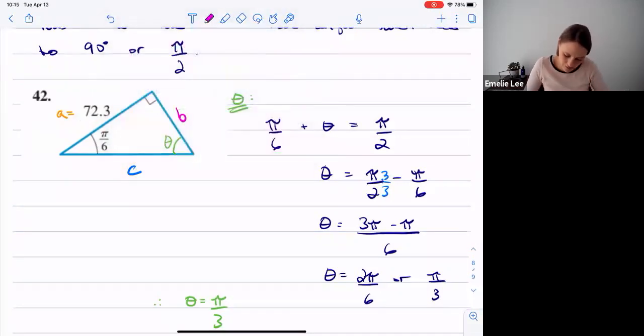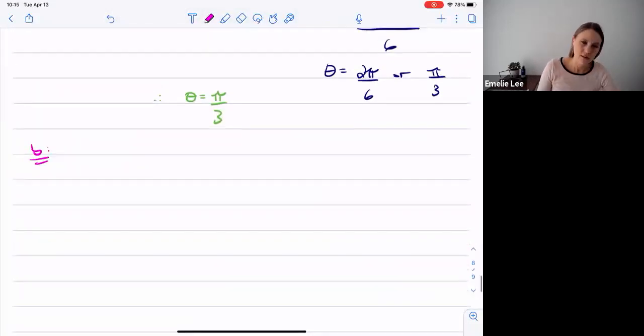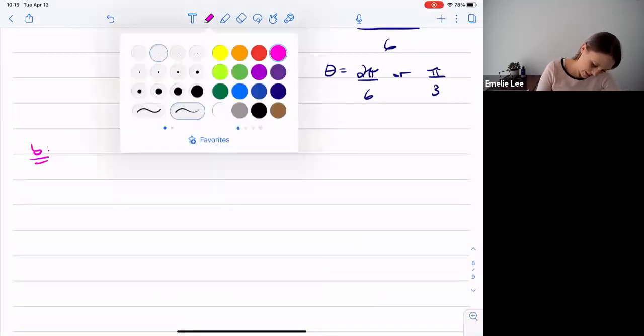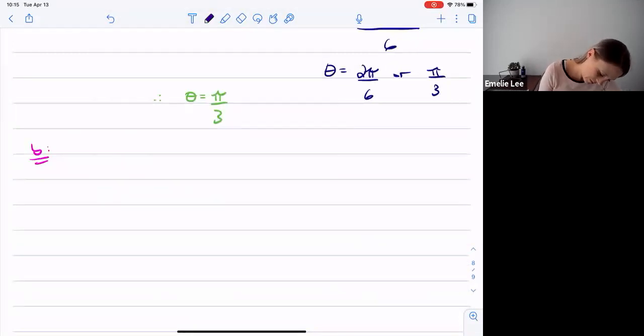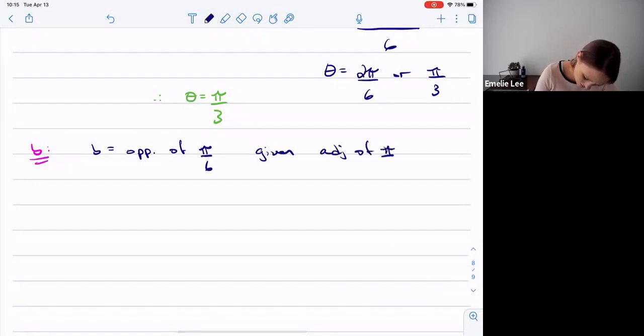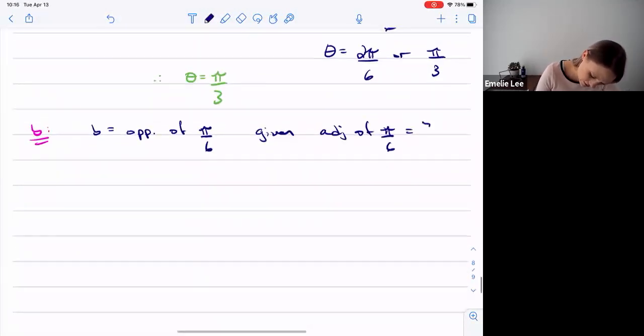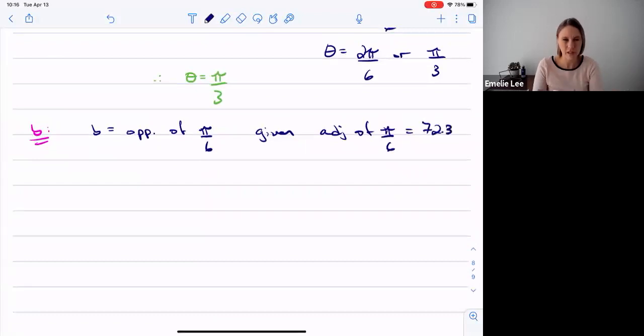So to solve for B, I know that B is the opposite of pi over 6. I also, and we're given, the adjacent of pi over 6 is 72.3. Okay.